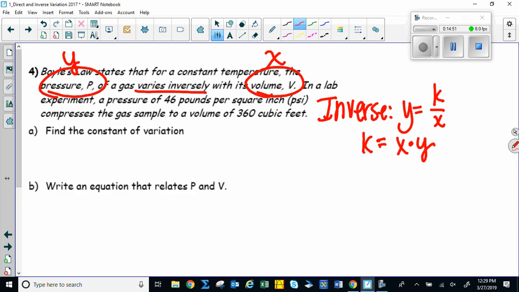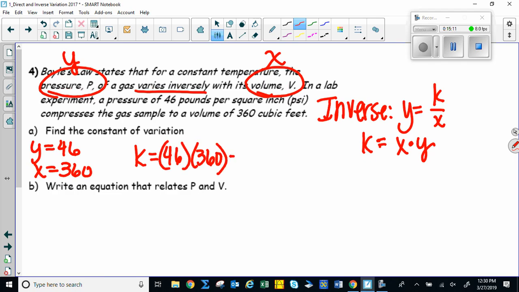Okay, so I just need to find an x and a y value. I've got pressure of 46, so that's my y value. And volume is 360. Good. So to find my constant of variation, I'm going to multiply 46 times 360. And there's my k value.